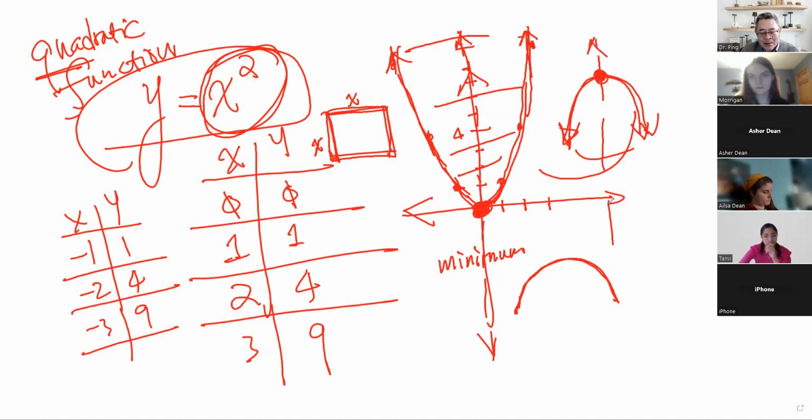I have a line of symmetry, or axis of symmetry, but with different kinds of quadratic functions, you are going to have a different point. It could be like that, it could be like that, or it could go like that.